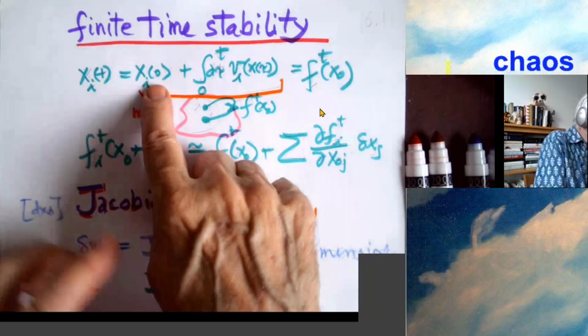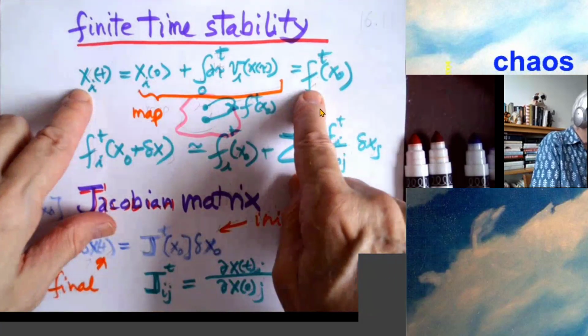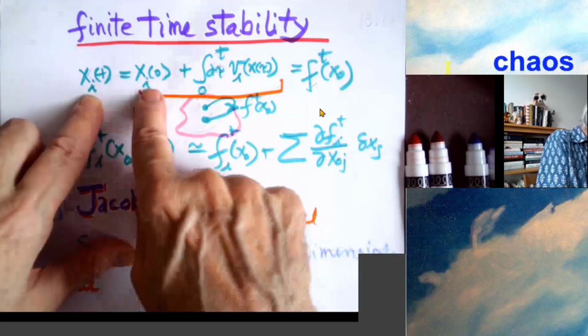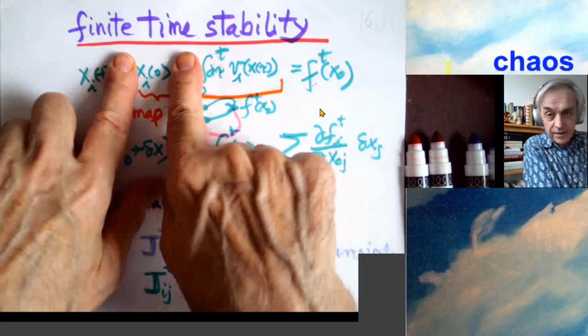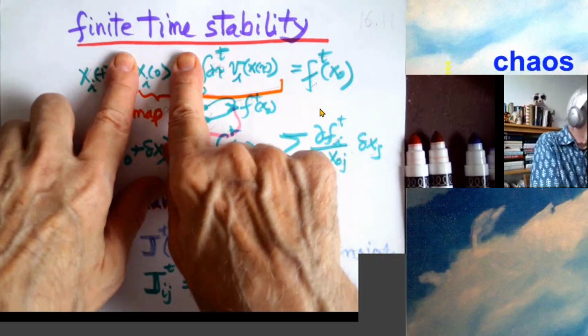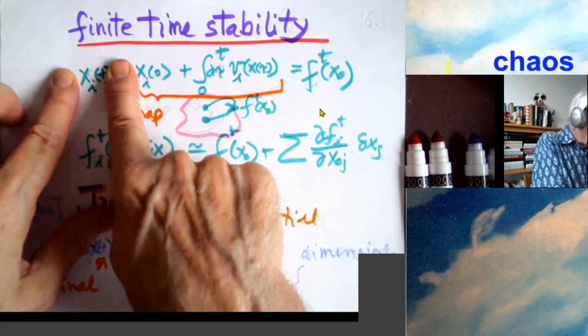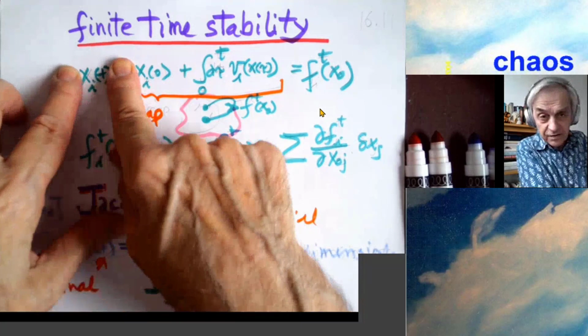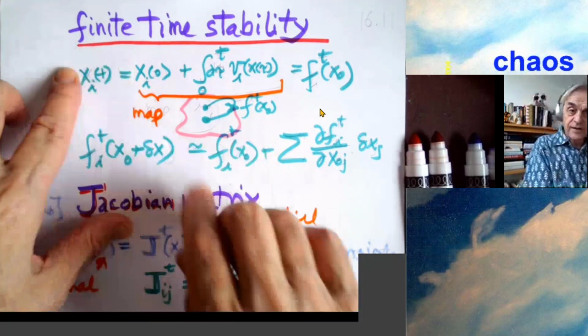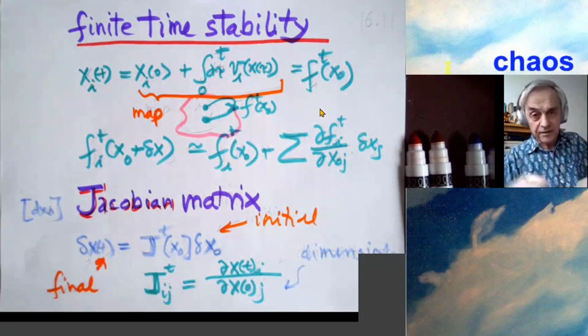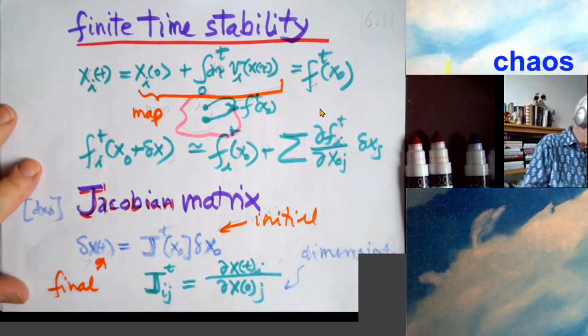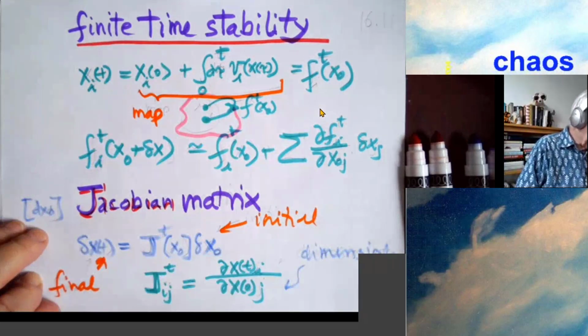Now, this map has the same dimension. I started with x, I start 0, some vector in 7 dimensions. And sometime later, I'm still in the same space, I'm just in a different location. So it's still a 7-dimensional vector of same units of inches or feet or whatever you're measuring various coordinates with.